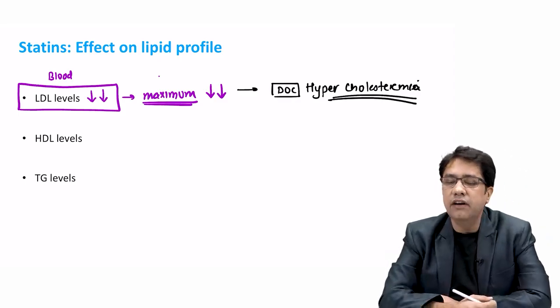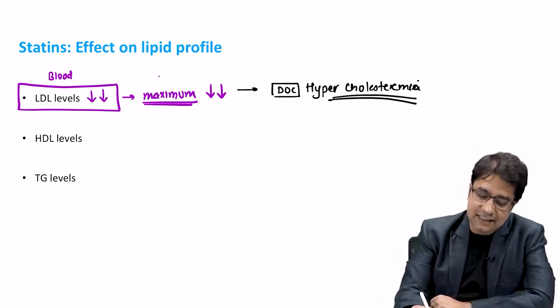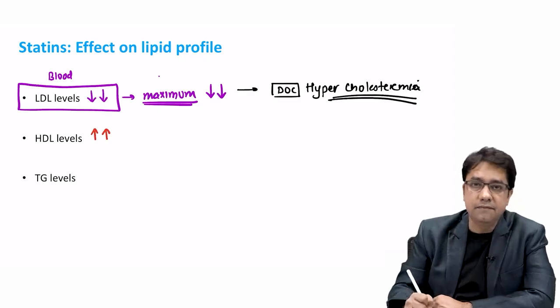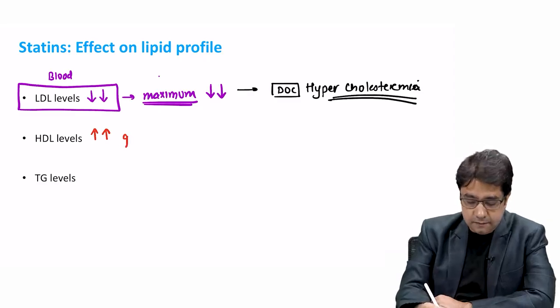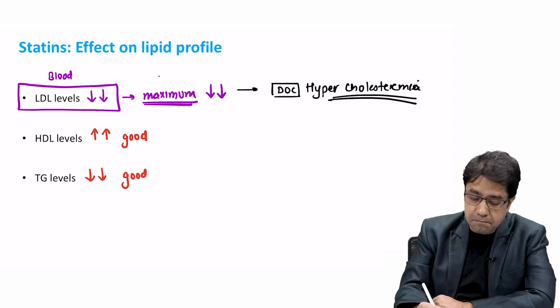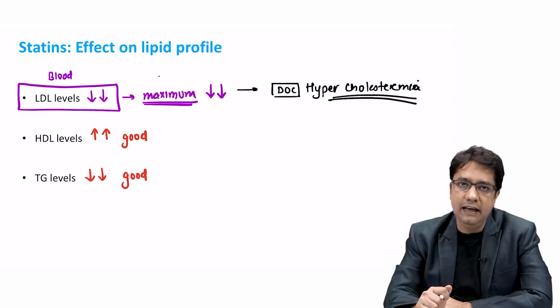Do statins have effect on other lipoproteins? The answer is yes. Statins mildly increase HDL level, which is a good thing. And statins also decrease blood triglyceride level, but this is not maximum. Maximum effect of statin comes on blood LDL level.